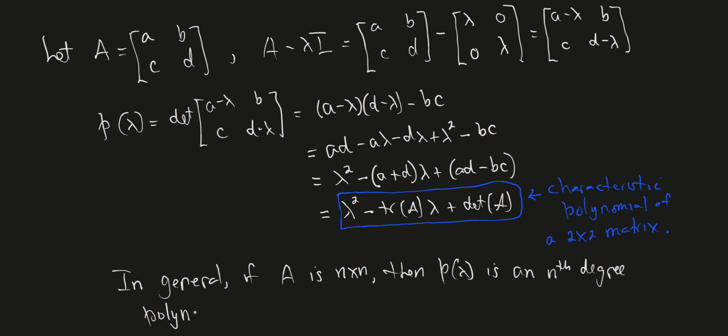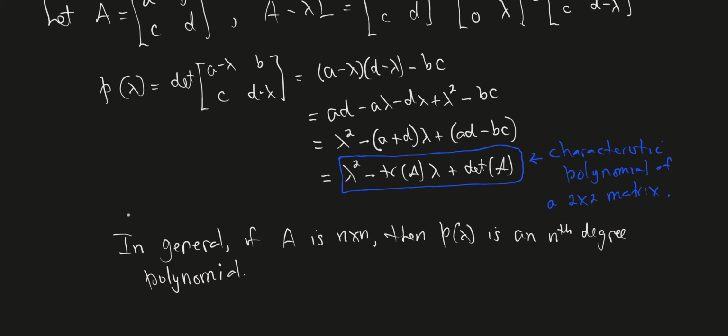Now, for the higher dimension matrices, there is a formula, but it is not quite as straightforward as it is for the 2 by 2. It's kind of interesting though, because everything that we do for the 2 by 2 just seems to have this nice little special formula that we can utilize.